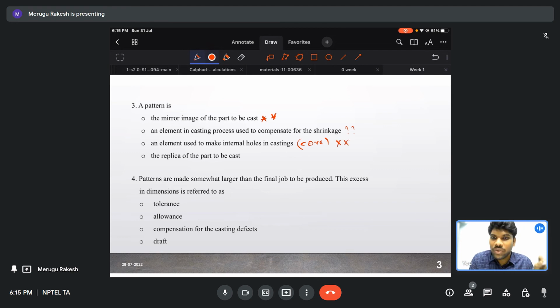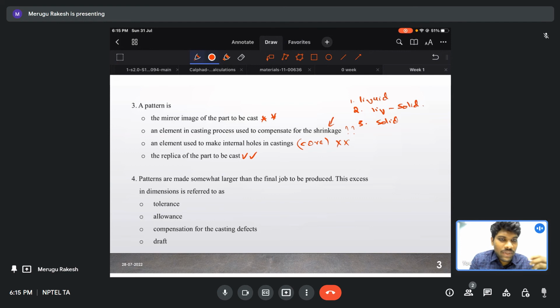Now coming to option number 4, the replica of the part to be cast. Yes, this is the correct, appropriate answer. It's the best definition for the pattern. It is the replica of the cast to be produced. Now coming back to option number 2, an element used to compensate for shrinkage. Basically we have 3 types of shrinkage: liquid shrinkage, liquid to solid shrinkage, and solid shrinkage.